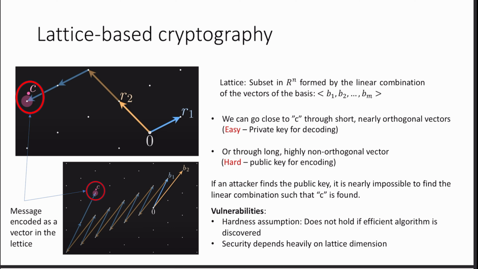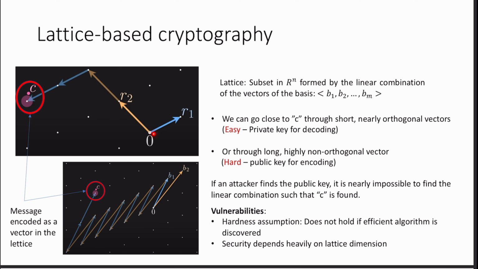So let's first assume that we have some vectors that form the basis of the lattice, which means that they are vectors whose linear combinations form the whole lattice. So we could have some vectors that are short and nearly orthogonal, which are, say, the easy ones.